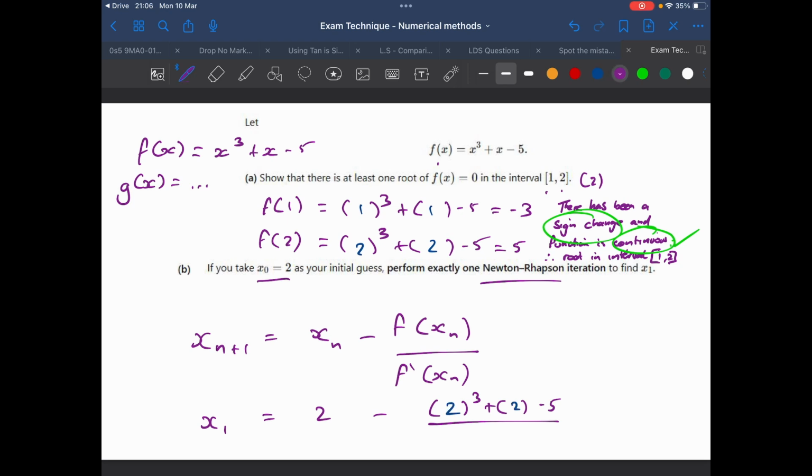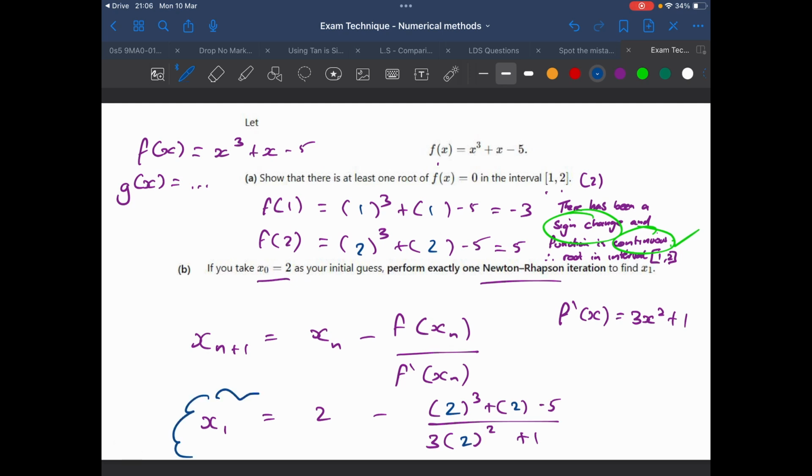Then its derivative, so sometimes you can have some hard differentiation on this one. This one's not too bad though. f dash of x is going to be equal to 3x squared plus 1. So we're going to do 3 something squared plus 1, and it's that same number again is the idea.